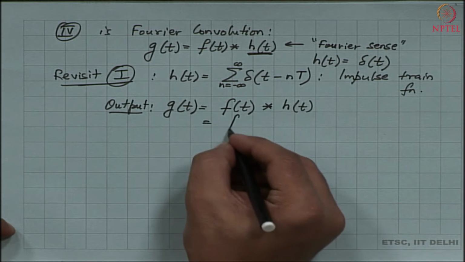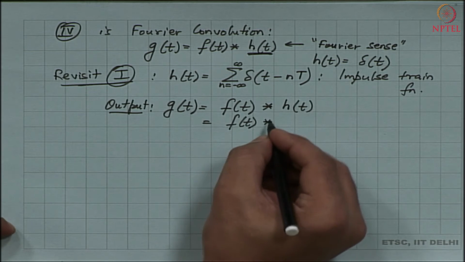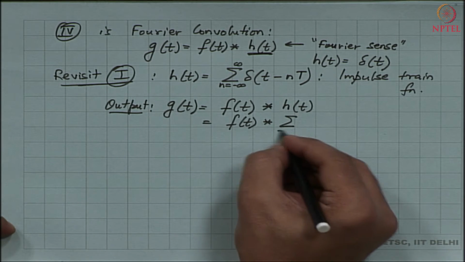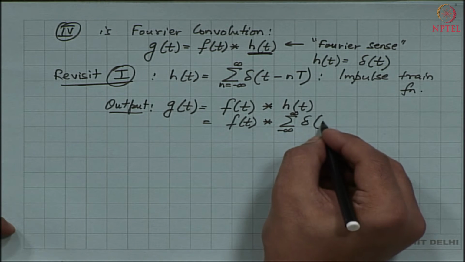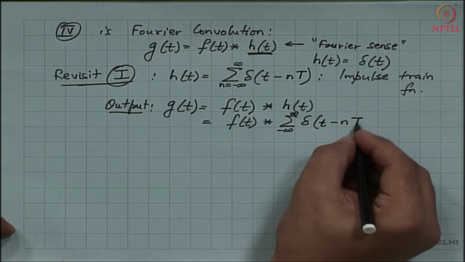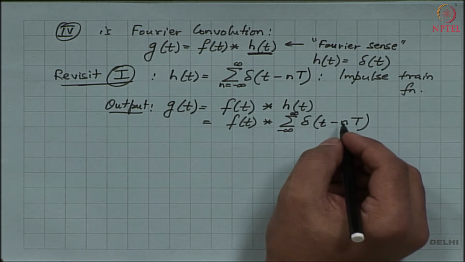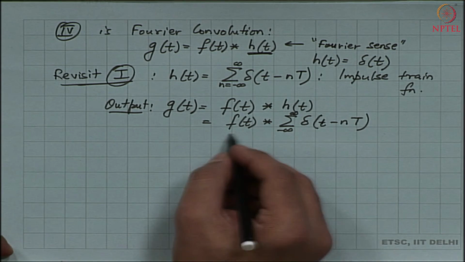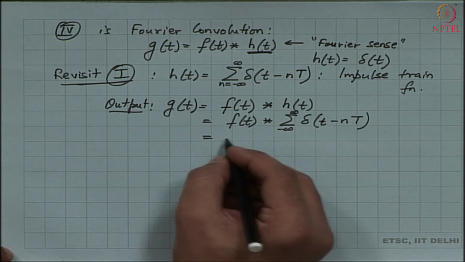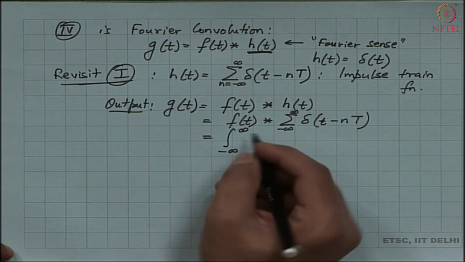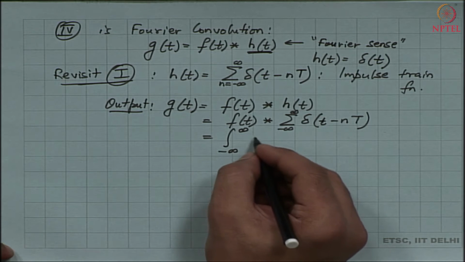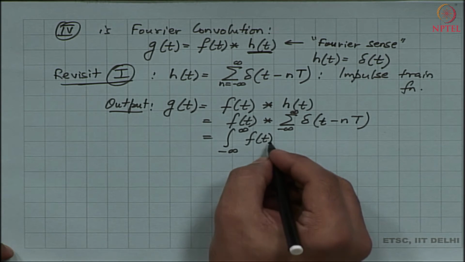to be given by f of t convolved with the summation of this series times delta of t minus n d tau. And if I were to write this in the convolution sense using the convolution integral, I get that this is the integral from negative infinity to infinity of f of t.